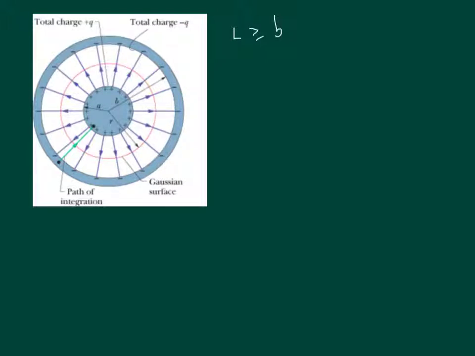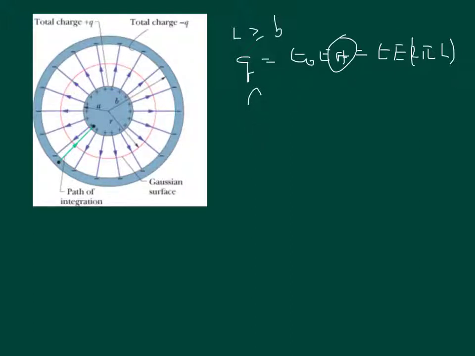All right, let's do some math. Q equals epsilon naught E A, as I had shown in the previous slide, and this equals epsilon naught E times 2 pi r L. 2 pi r L is the surface area of a cylinder.